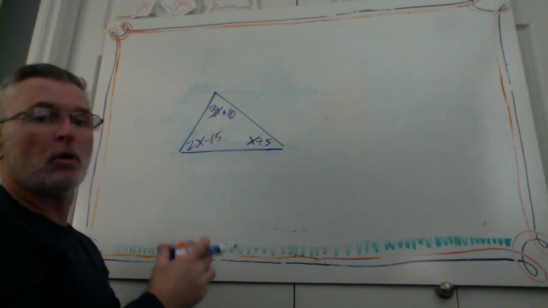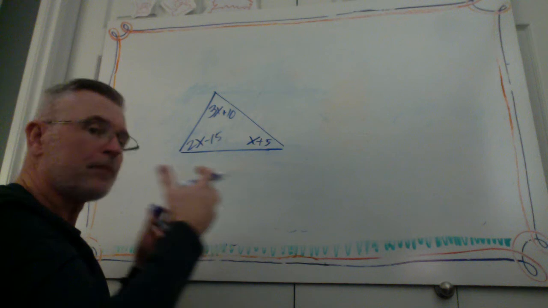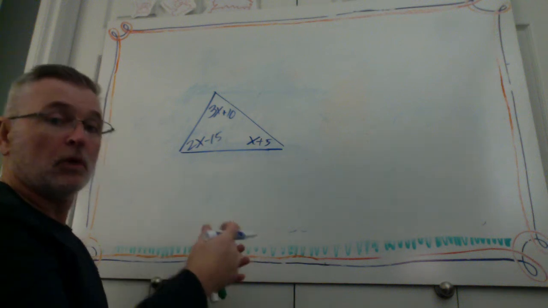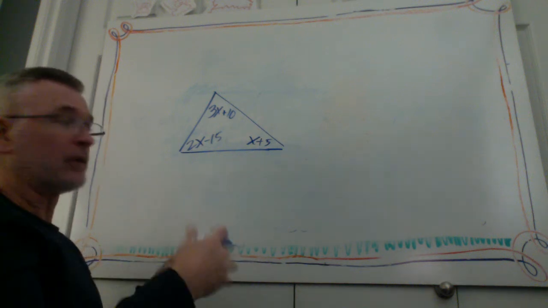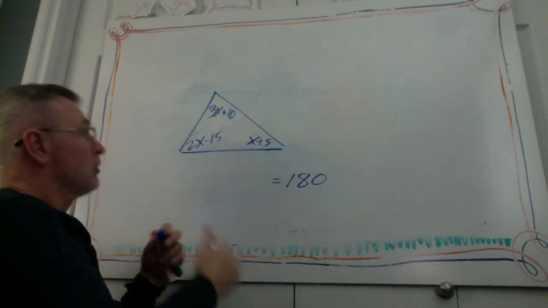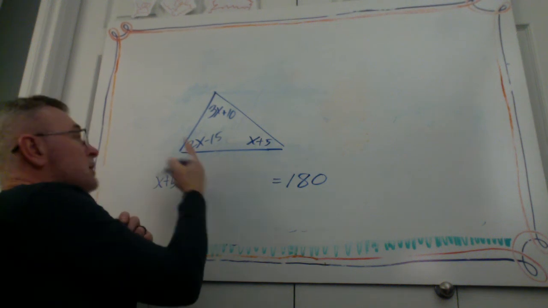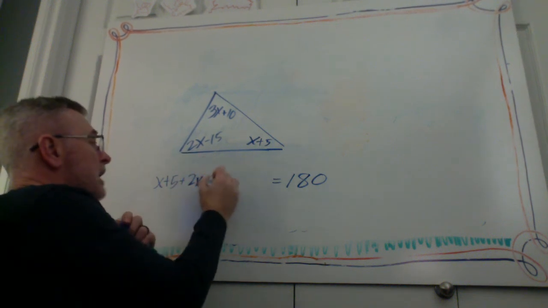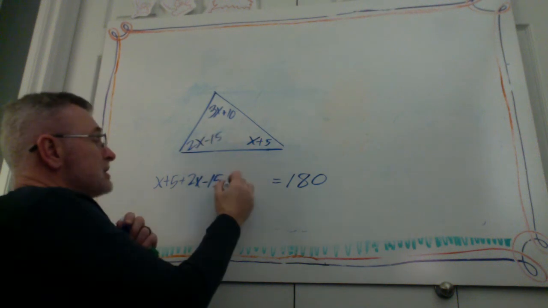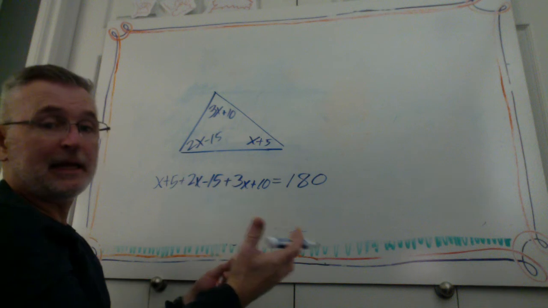Well, what do we know about 3 angles like this inside a triangle? Well, we know that if we put the 3 of them together, we have to get 180. So x plus 5 plus 2x minus 15 plus 3x plus 10 equals 180.